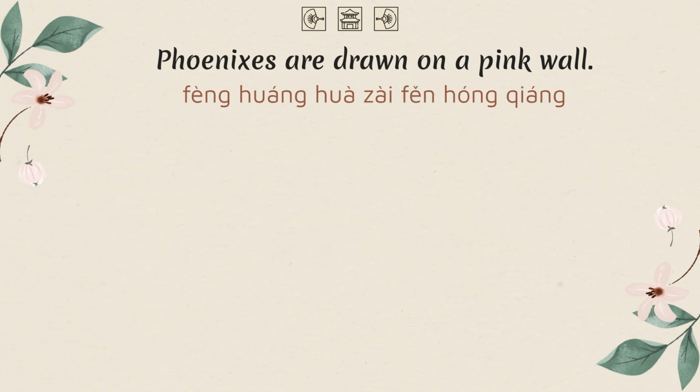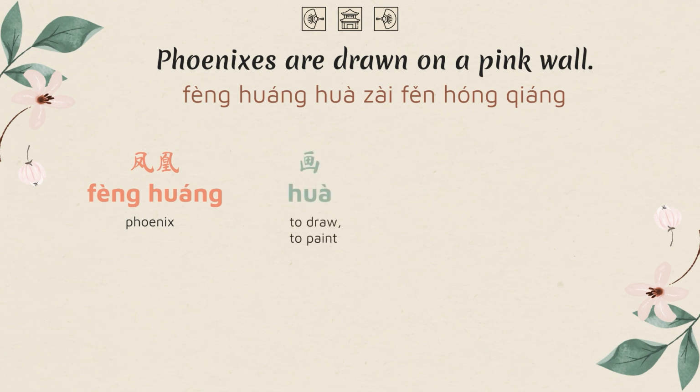Let's take a look at the next line. 凤凰画在粉红墙. So it pretty much means the same thing as the first line. 凤凰, again, means phoenix. 画, to draw or to paint. 在 means at. We usually put 在 before a place to mean at a place. For example, 在上海, in Shanghai. 在美国, in America. 在家, at home.